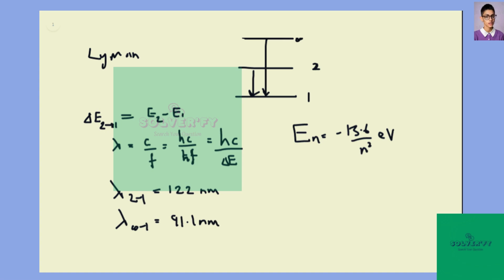Thus, the wavelength range for the Lyman series is 122 minus 91.1, which is equal to roughly 31 nanometers. So this solves our part A.